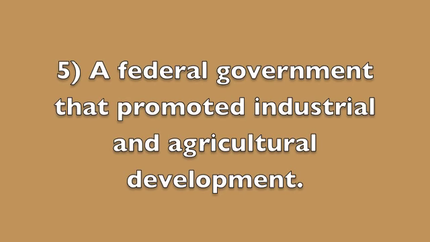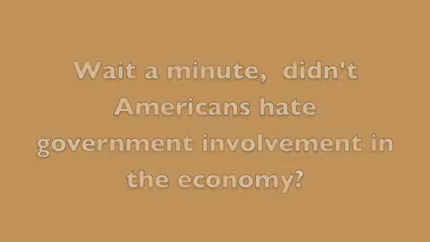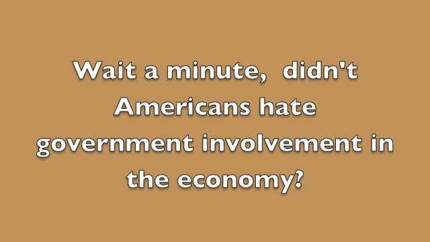Okay, so the last reason that the United States experiences the Second Industrial Revolution is that it has a federal government that promoted industrial and agricultural developments. So you might be asking yourself, why are the capitalist Americans allowing the federal government to be interfering in the economy?